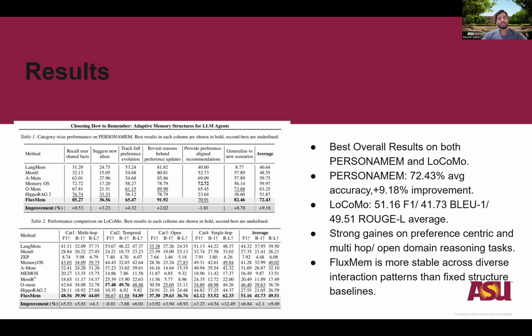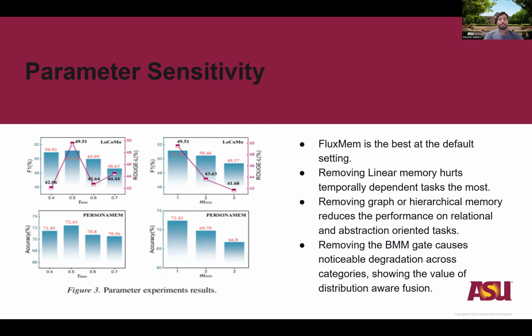And coming to the results, FluxMem performed well on both datasets. It has an improvement of 9.18% on PersonaMem and a significant increase in each evaluation metric in LoCoMo. FluxMem is more stable across diverse interaction patterns than fixed-structure baselines.